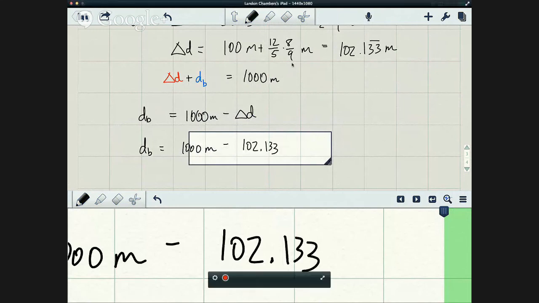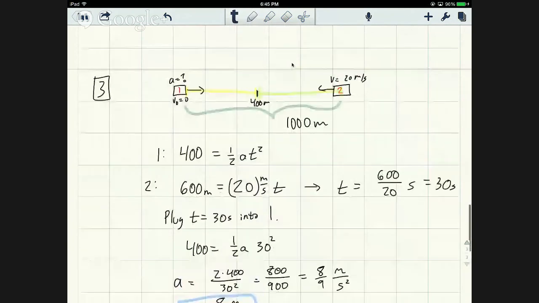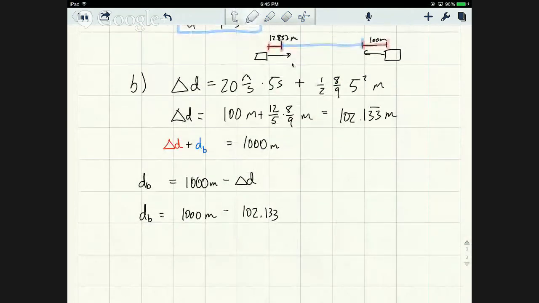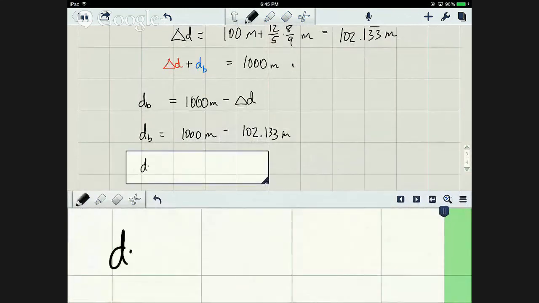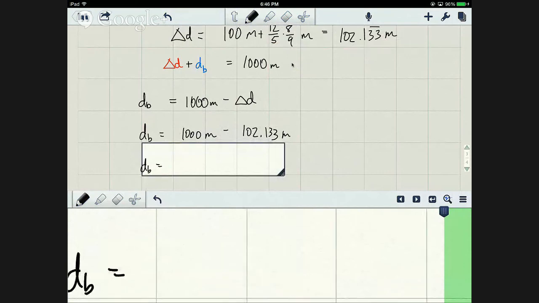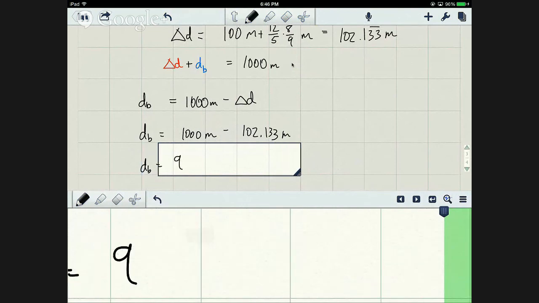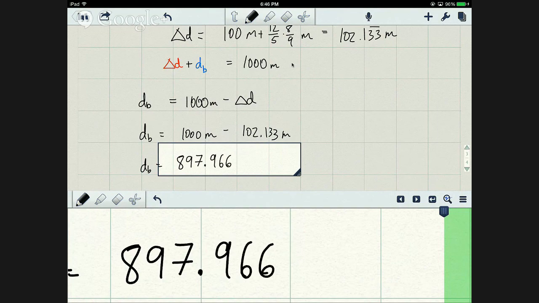Is it 1,000 or 100? Yes, 1,000 meters initially. dB is 897.966. No, 866 meters.